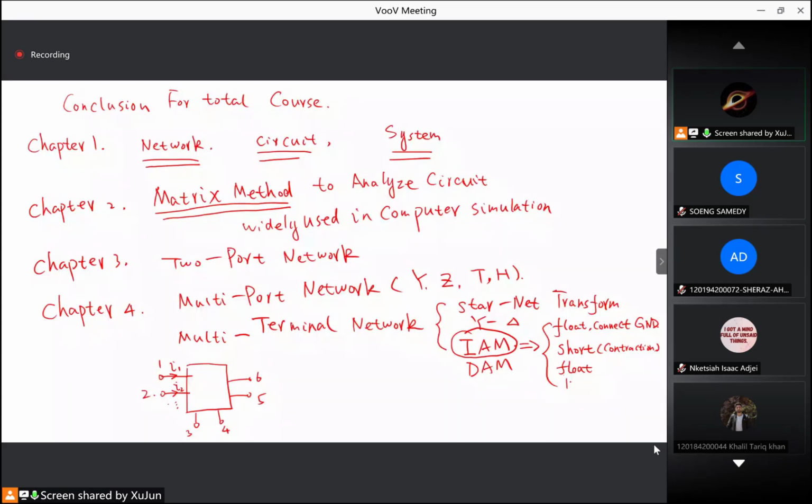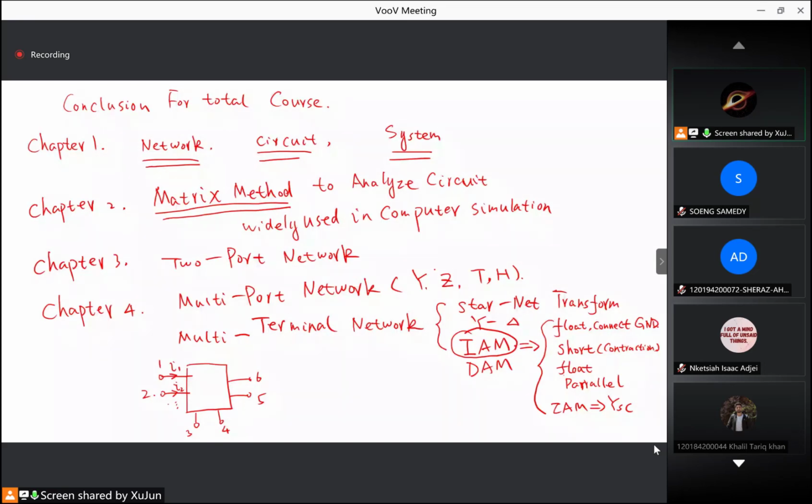And we also introduced the parallel connection of circuits using the IAM. And we also introduced how to use the IAM to calculate the Y parameters. So the indefinite admittance matrix is widely used in network analysis.